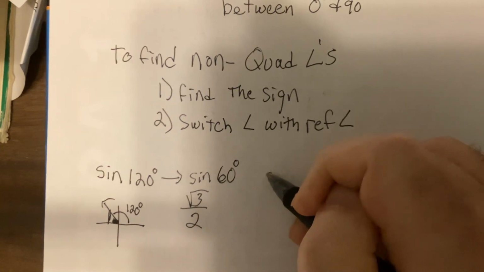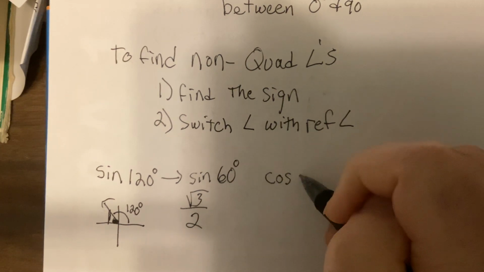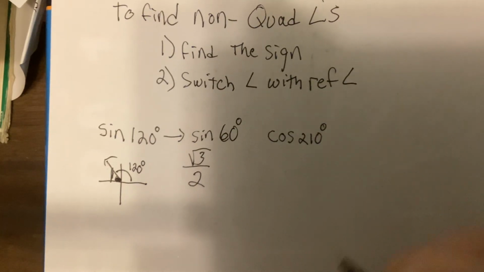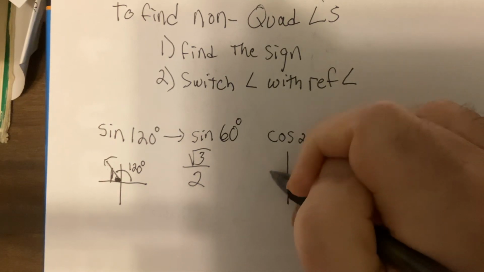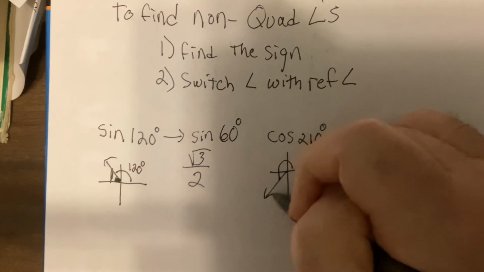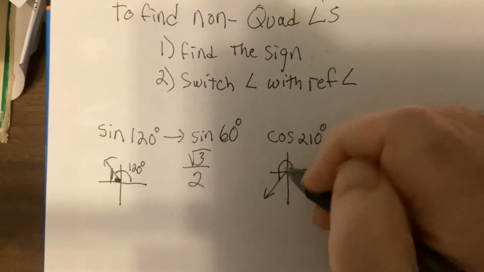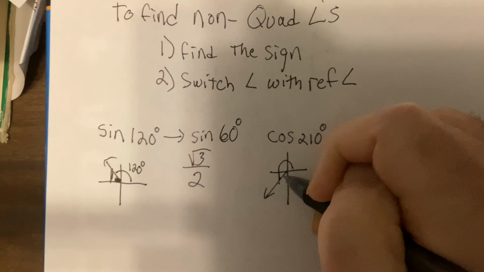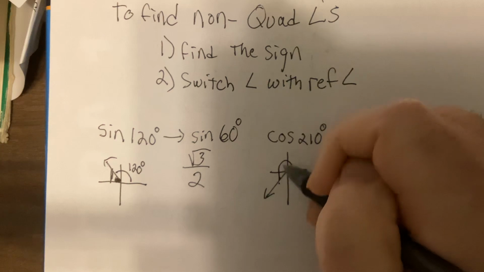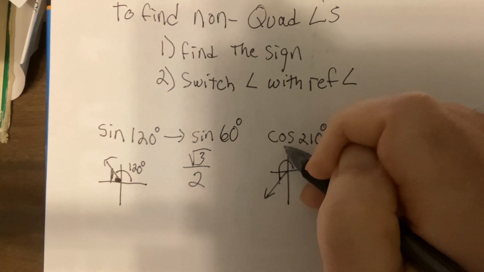So if I said, okay, what's the cosine of 210? Again, I like to make a drawing. Don't have to, but there it is. So third quadrant, x is negative, y is negative, r is always positive. Cosine's x over r.